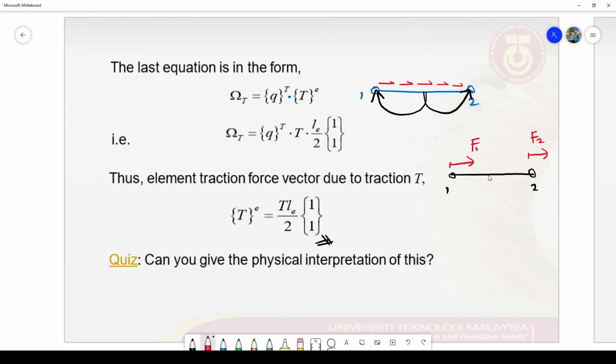In this case, we do not need to distribute it equally again, because this point load, which we call P, is already acting on this nodal point.